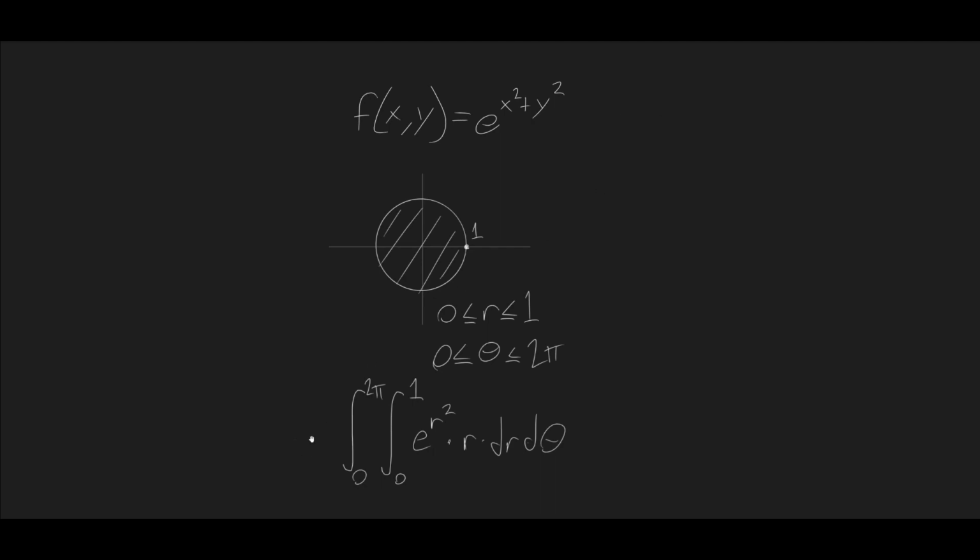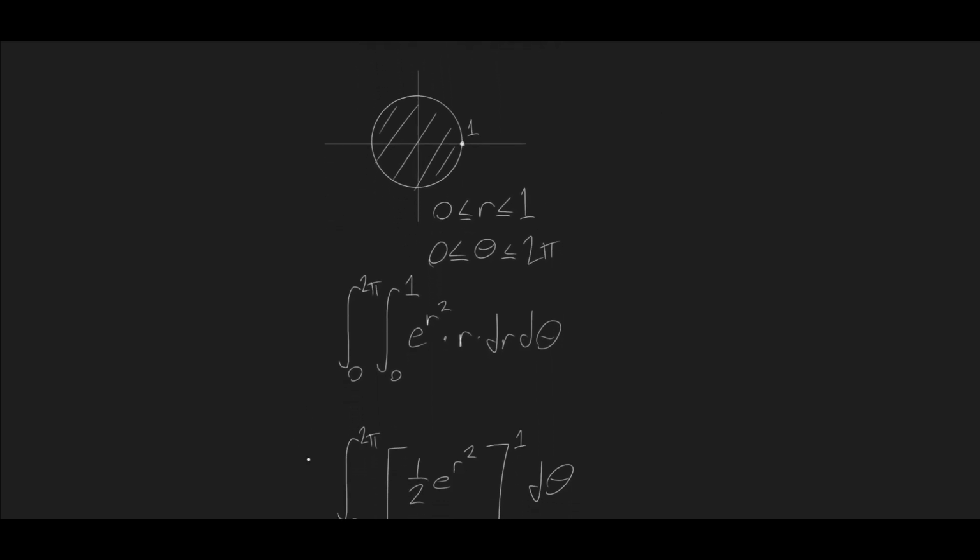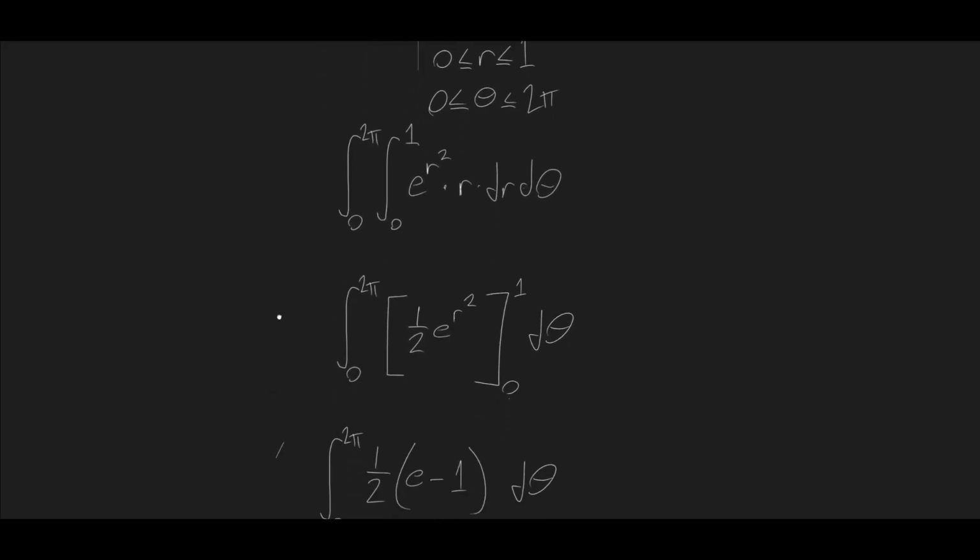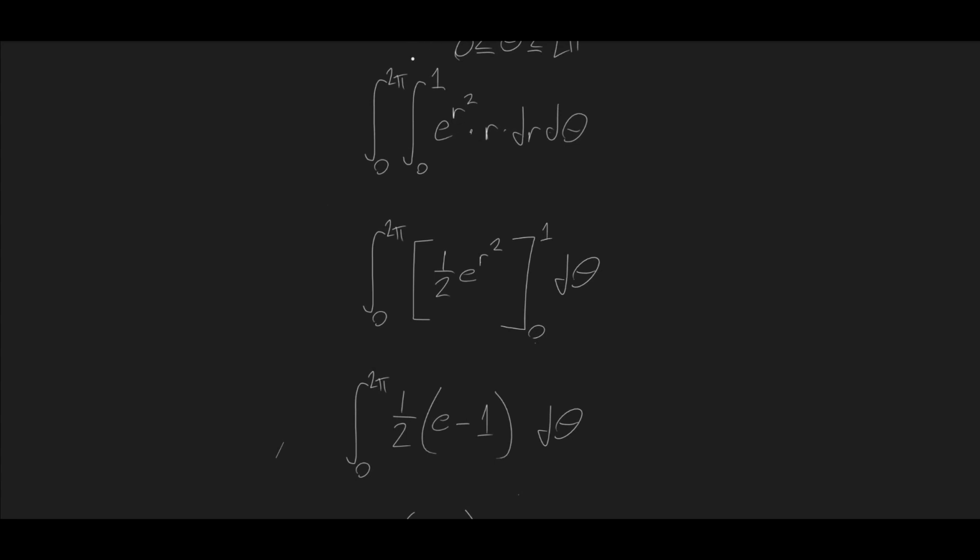And then we solve this like any other double integral, where the inside integral turns into 1/2 times e to the power of r squared, evaluated from 0 to 1. And this equals 1/2 times (e minus 1).